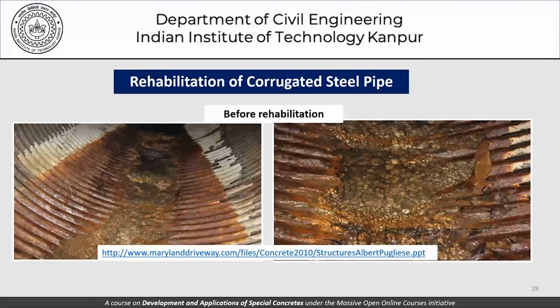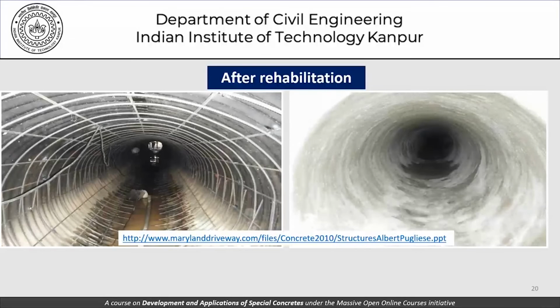So you can see that there is heavy corrosion as far as the steel pipe is concerned, and this picture here shows the pipe after rehabilitation using shotcrete. What has happened, of course, is that the corrugated steel pipe has now got a lining of concrete inside.